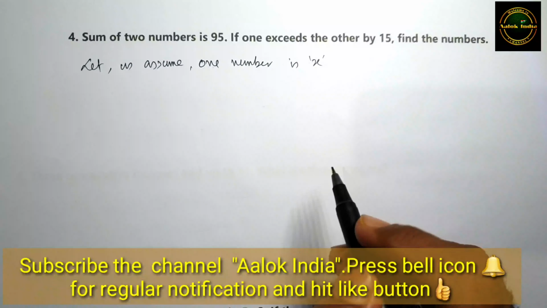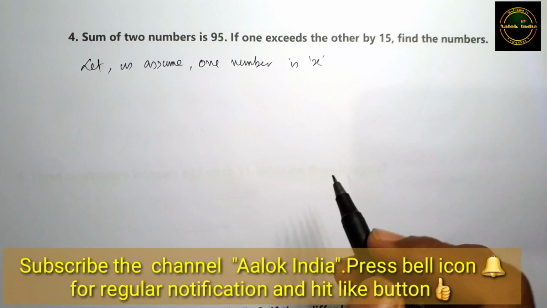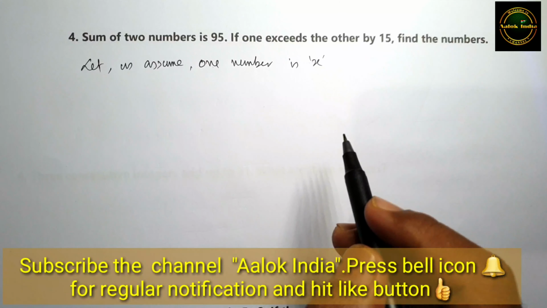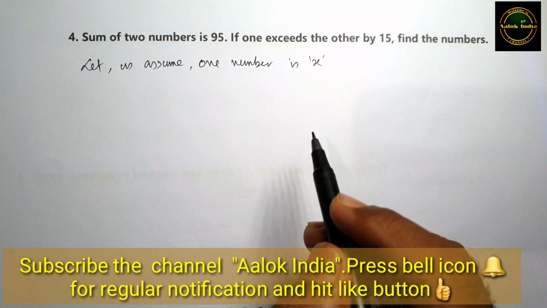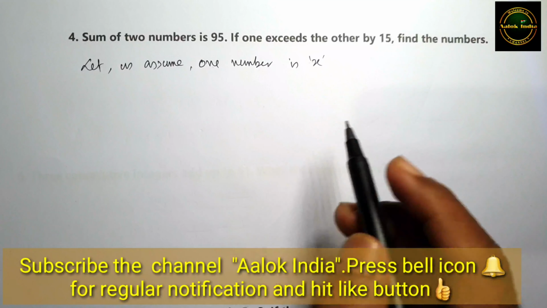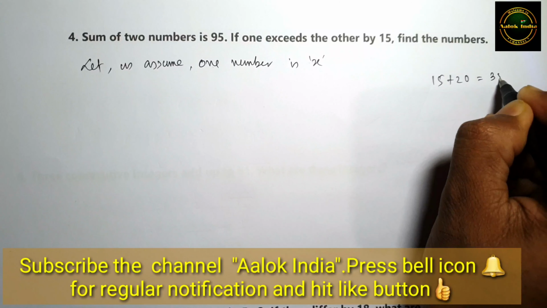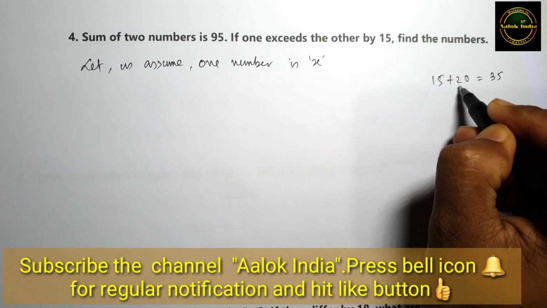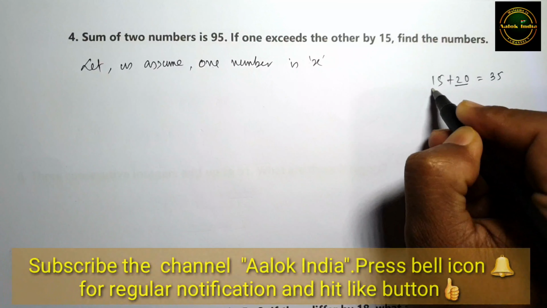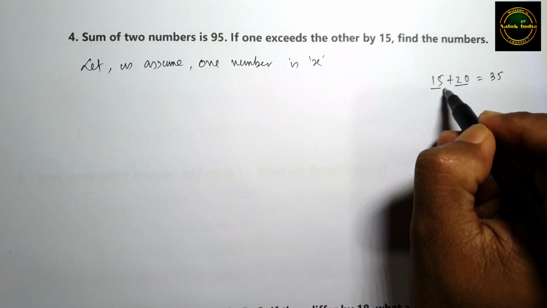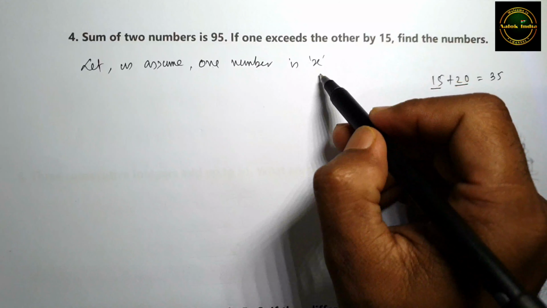Suppose we consider the sum of two numbers is 35 and one number exceeds the other by 5. So these two numbers can be 15 and 20. How? 15 plus 20 is nothing but 35, and 20 exceeds 15 by 5. So this way we can try this maths also.